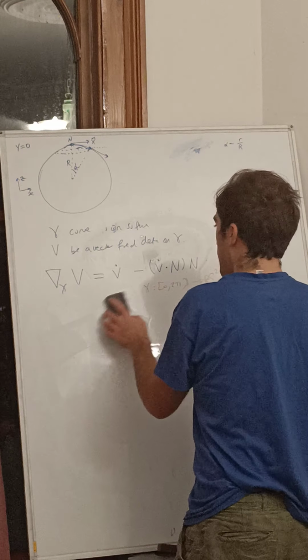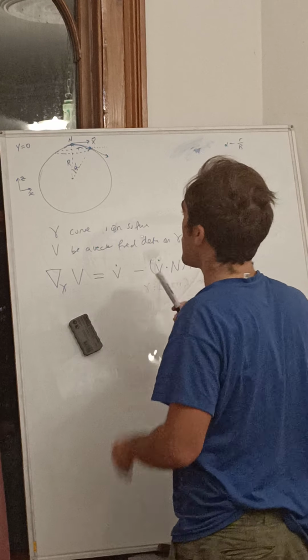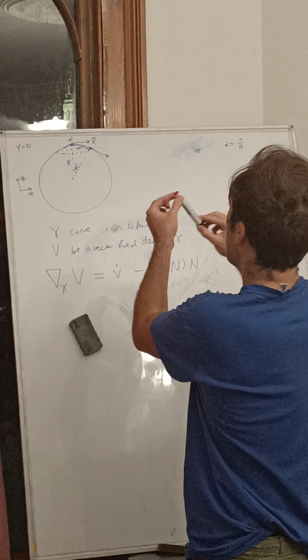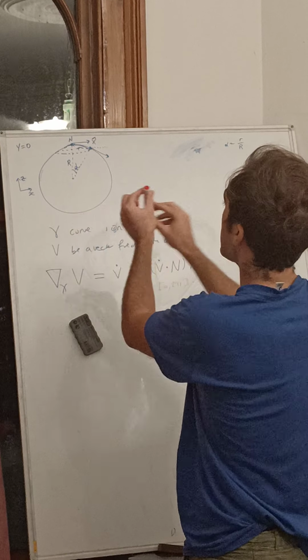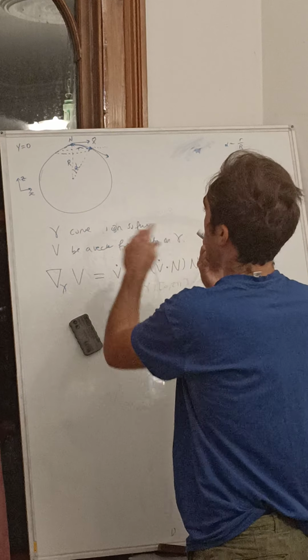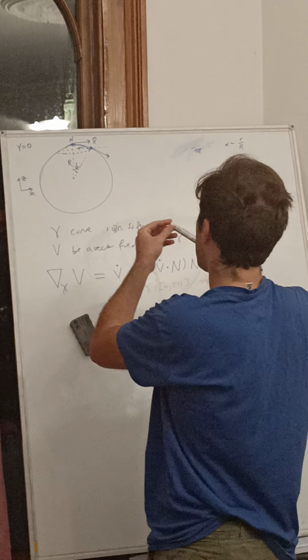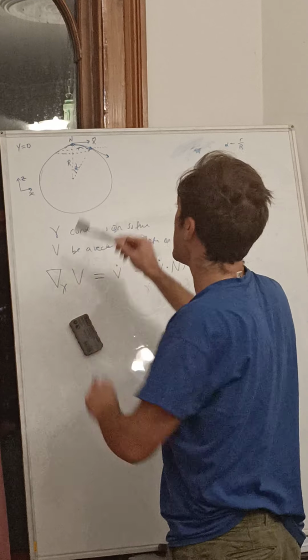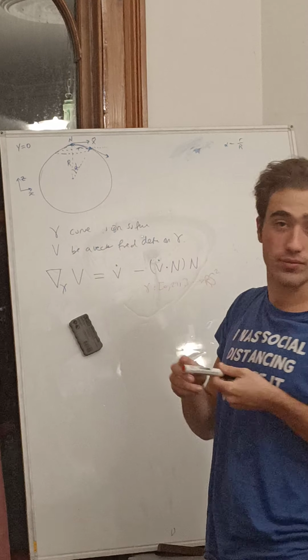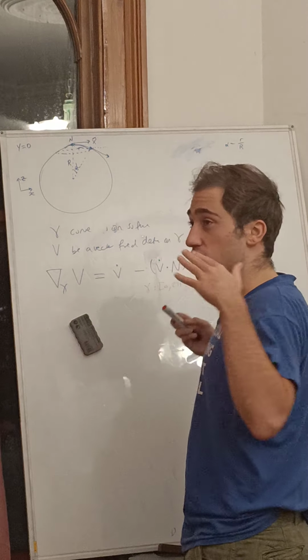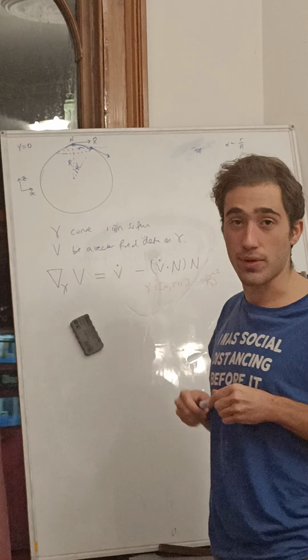Now, what we're doing is taking this vector along a walk along gamma. But we can interpret that as also just being a vector field that's defined at every point on this curve, and we're interested in how this vector field changes as you go along gamma.